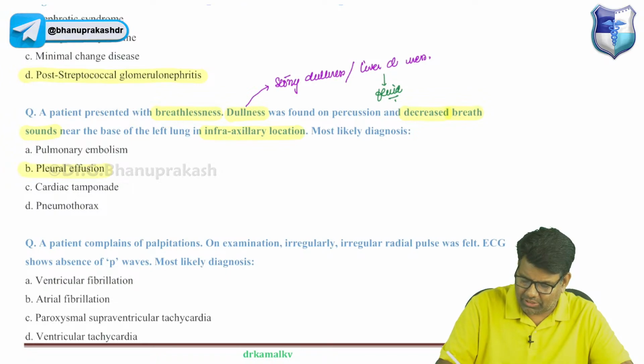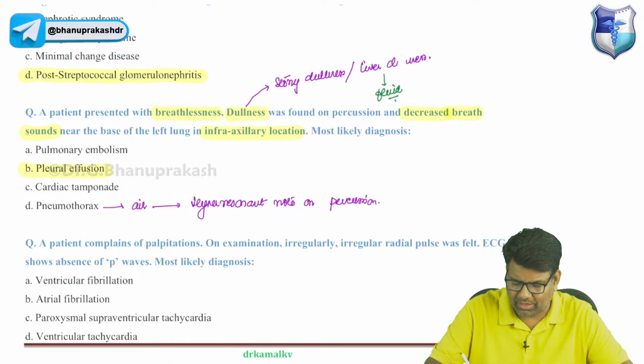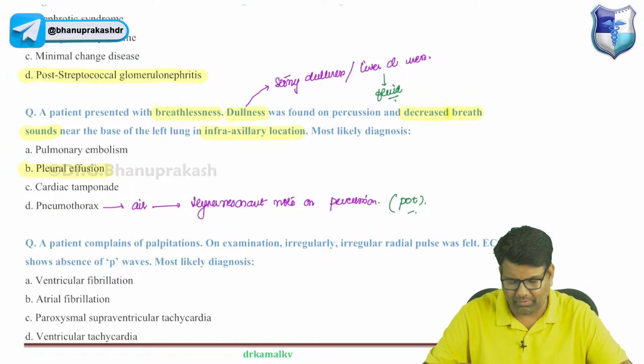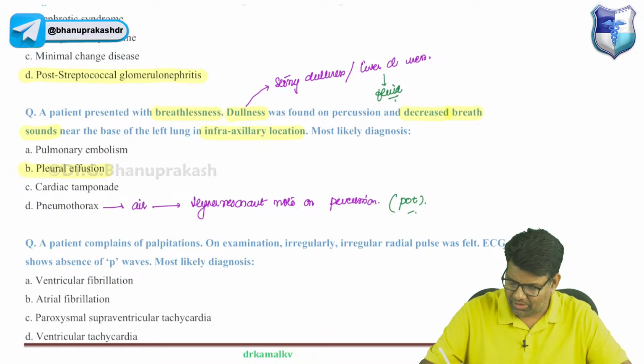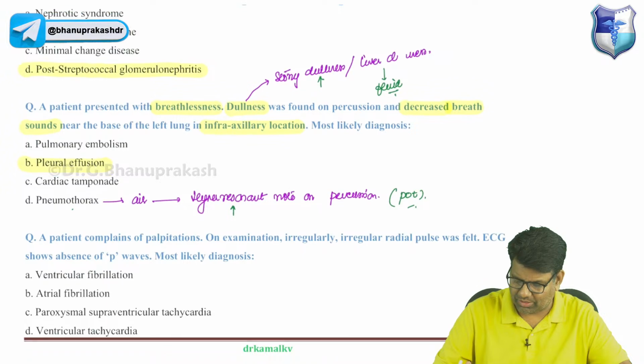If there is a collection of air, you say pneumothorax; air will give you a hyper-resonant note on percussion, just like tapping on a pot which is not filled with water. So the answer is B. Dullness is effusion, resonant is pneumothorax. Just make sure you don't mix up.